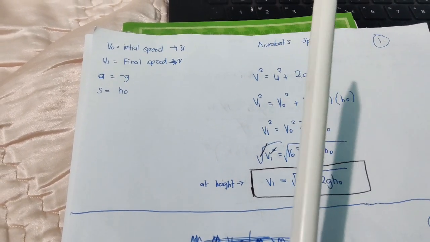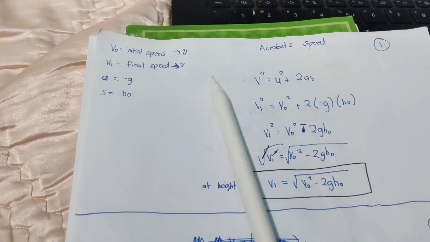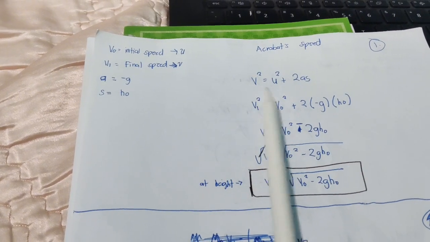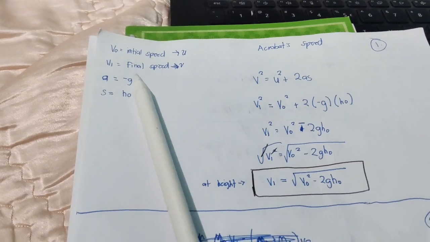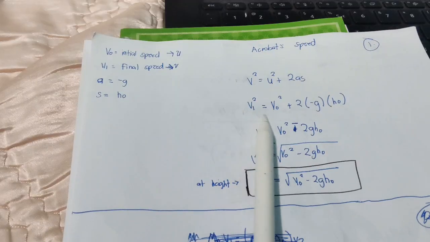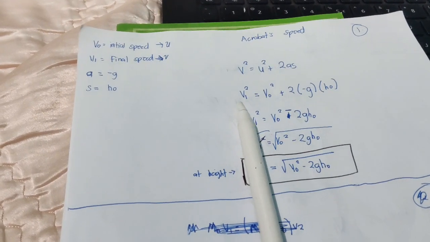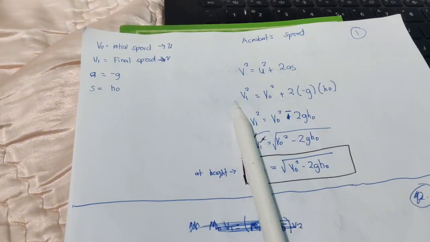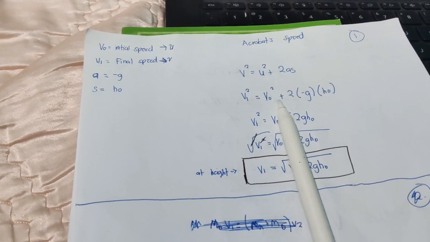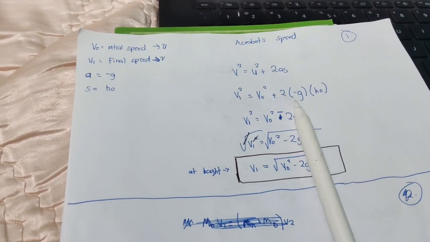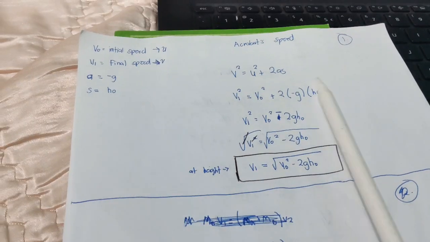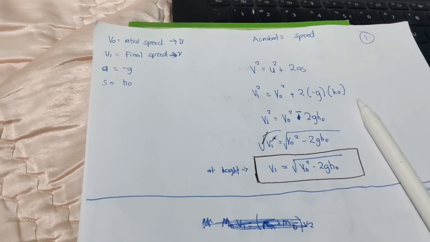Next, we substitute them. Since our v is v sub 1, v sub 1 squared is the same as u squared plus 2as, so v sub 1 squared is equal to v sub 0 squared plus 2 times acceleration, which is negative g, and our displacement h sub 0.